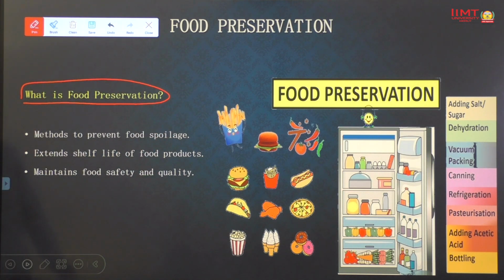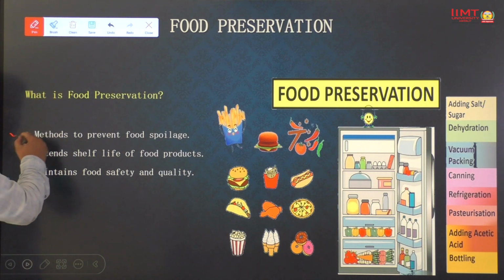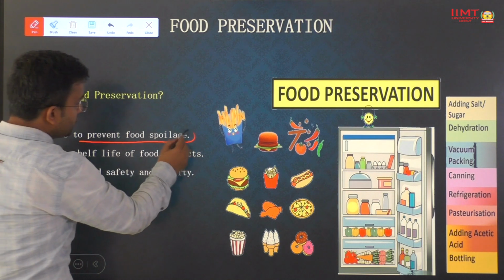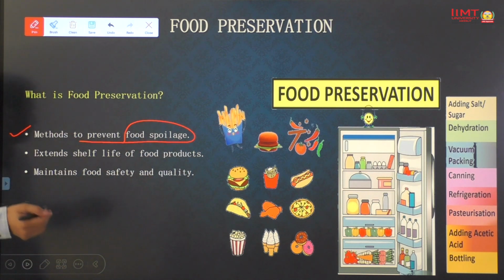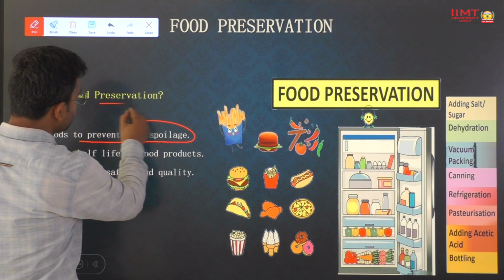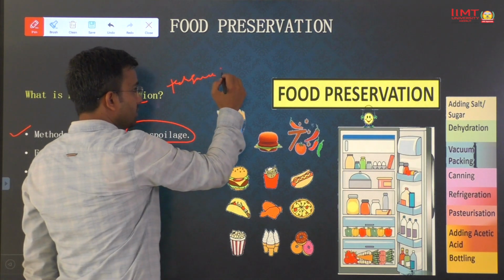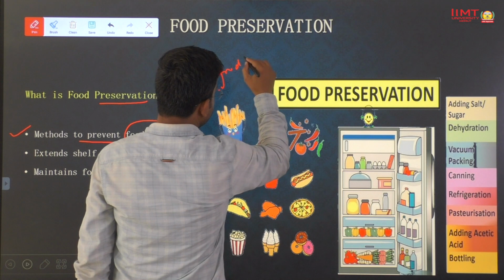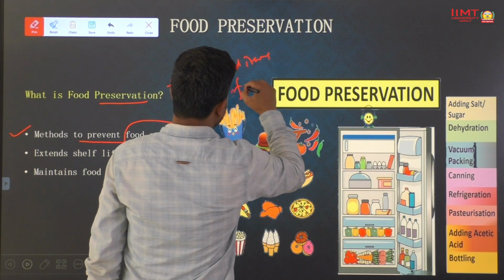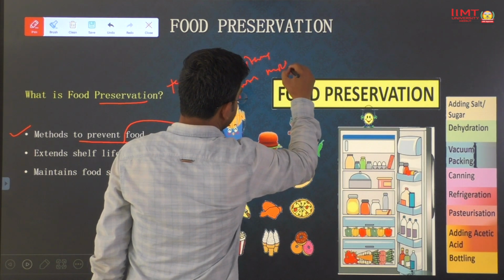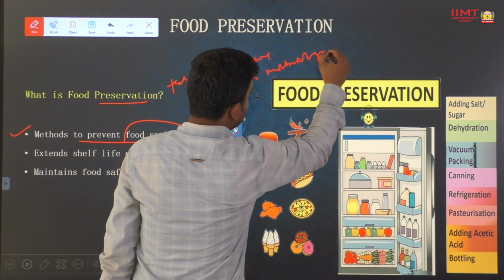So what is food preservation? Preservation means the method to prevent food spoilage. In general language, preservation is a technique to save the food items from microbial growth.